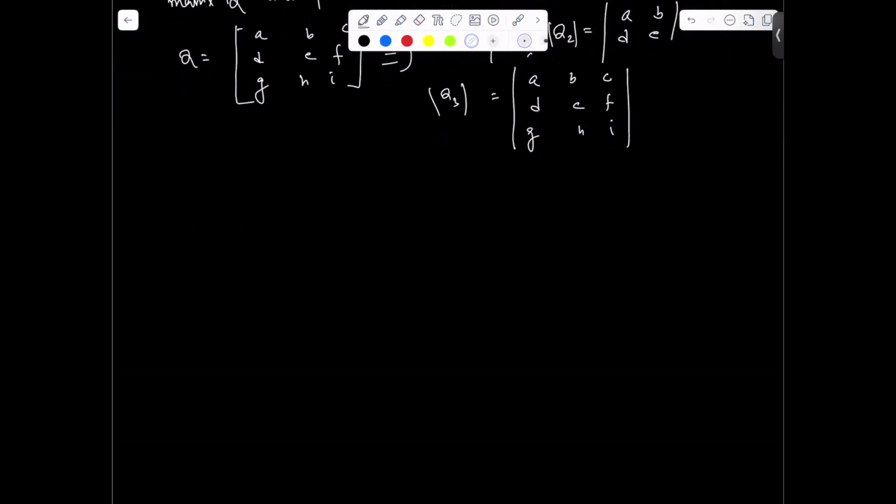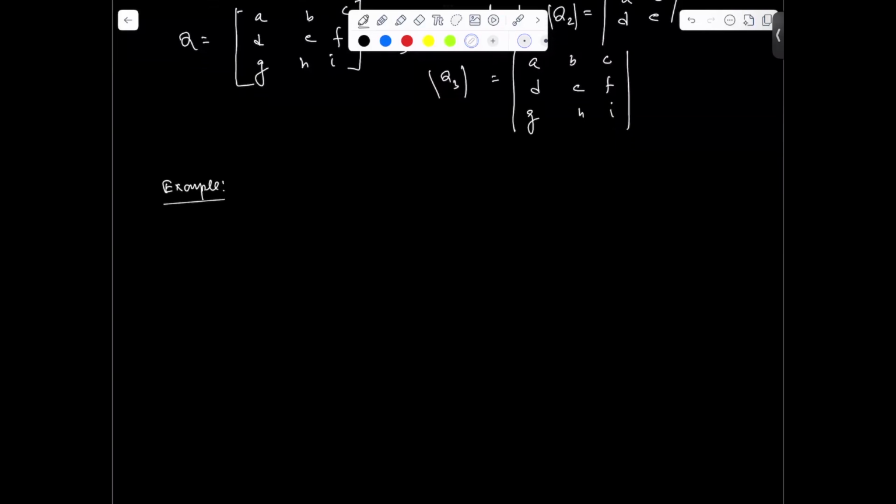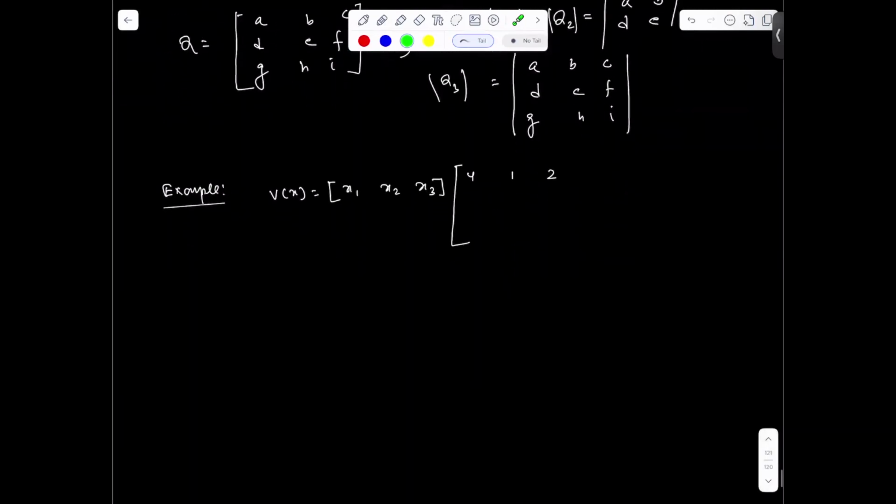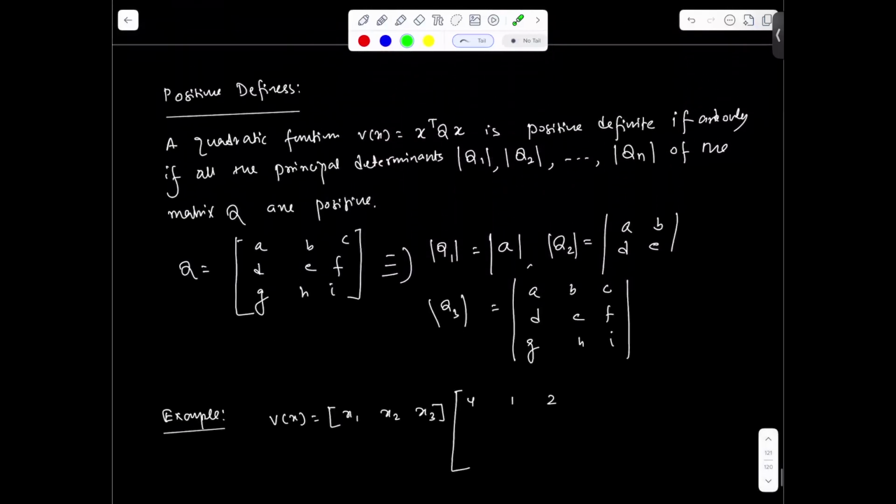So example: let us consider we have some function V(x) equal to x1, x2, x3 times the same matrix that you have obtained here, and we'll check the positive definiteness for this particular case using the Sylvester theorem.